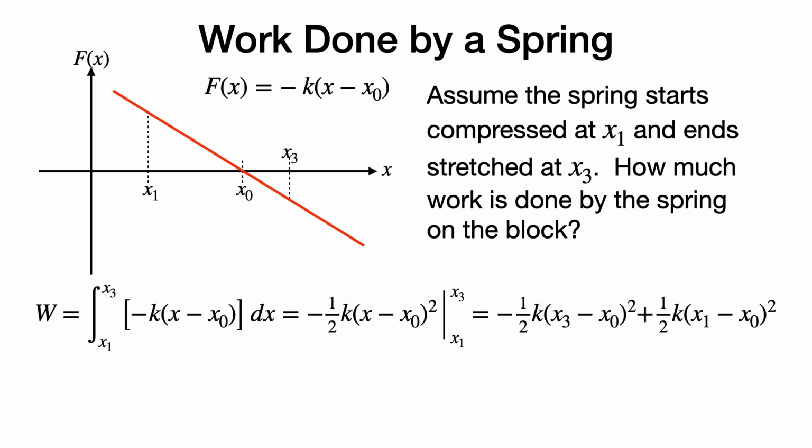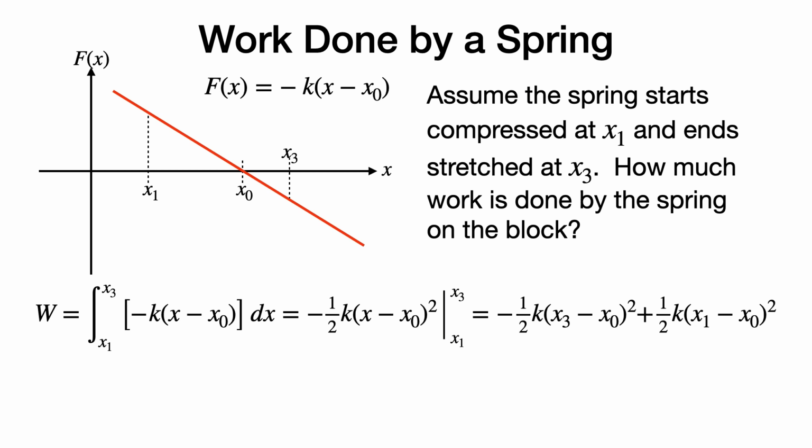The integral gives us minus 1/2 k times the quantity x minus x naught squared, evaluated between x1 and x3. That is, we get minus 1/2 k times the quantity x3 minus x naught squared, plus 1/2 k times x1 minus x naught squared.